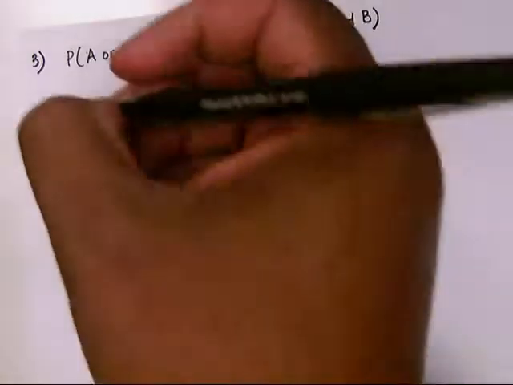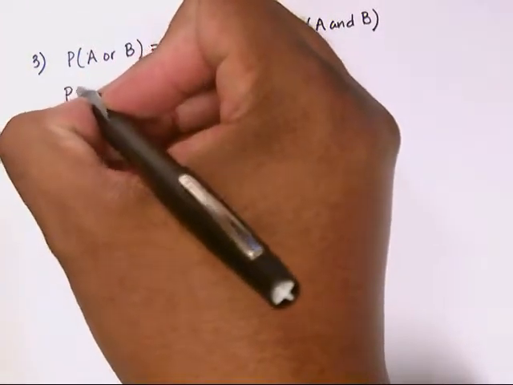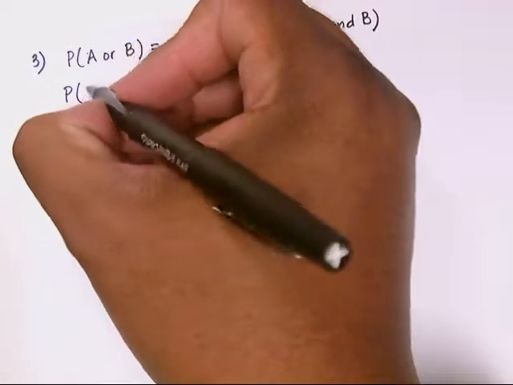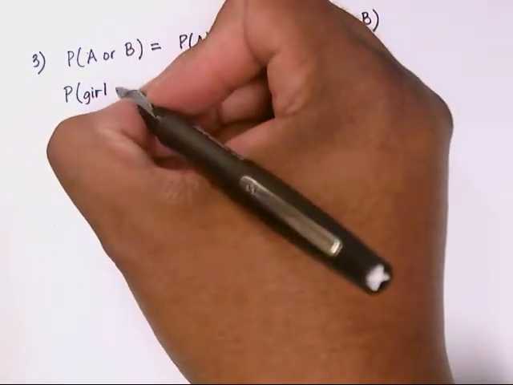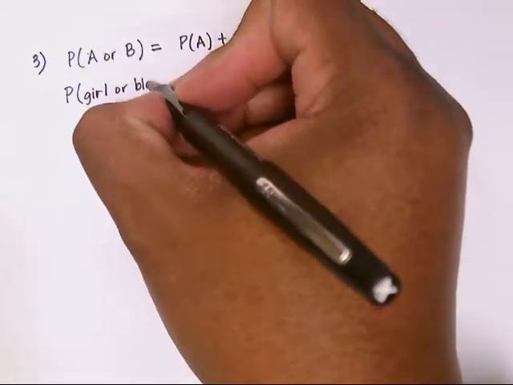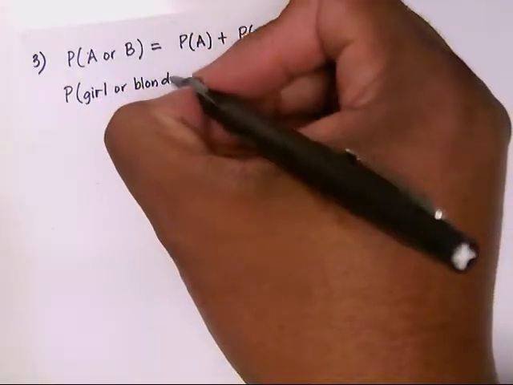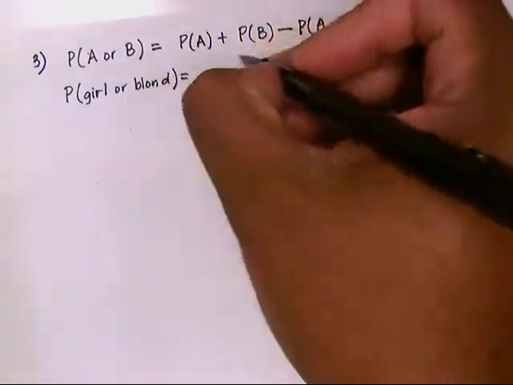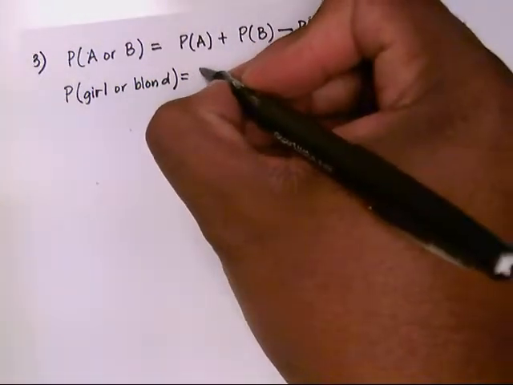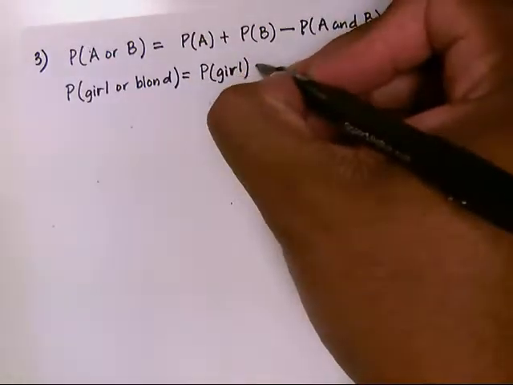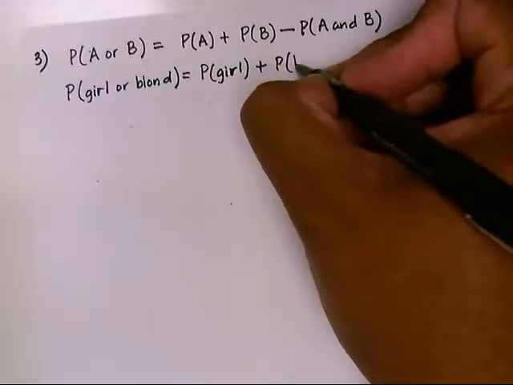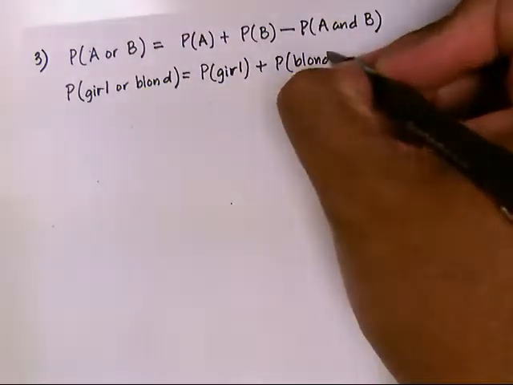Okay, so in this case here, we're trying to find the probability that a girl or a blonde child has been selected at random, or will be selected at random. That would be the probability of a girl plus the probability of selecting a blonde.